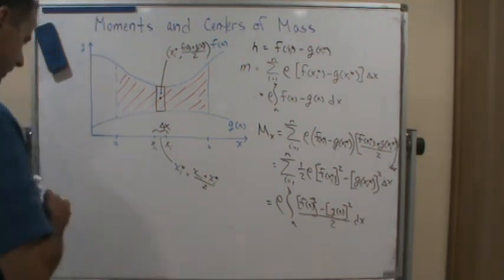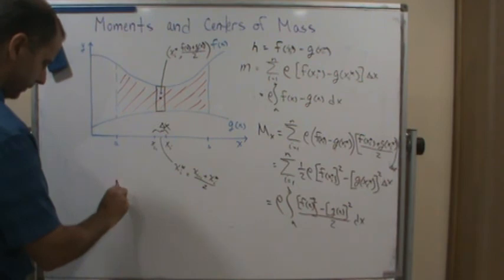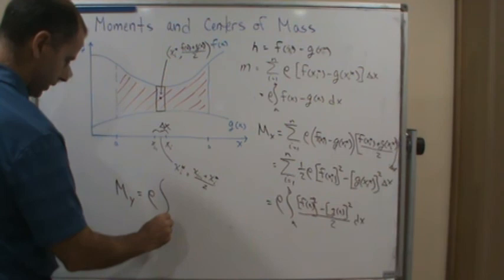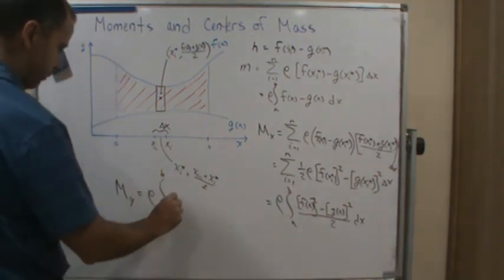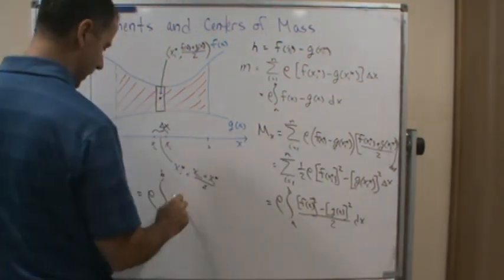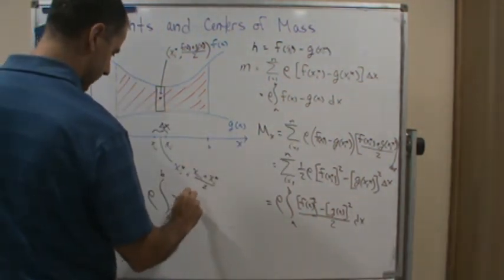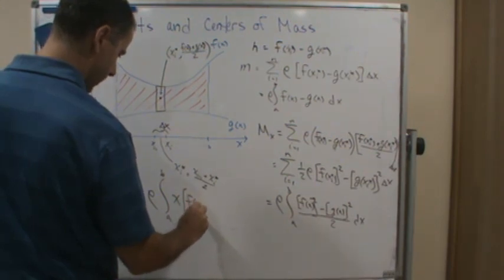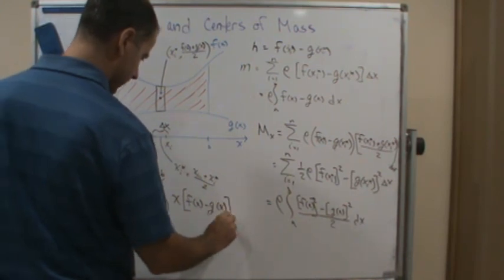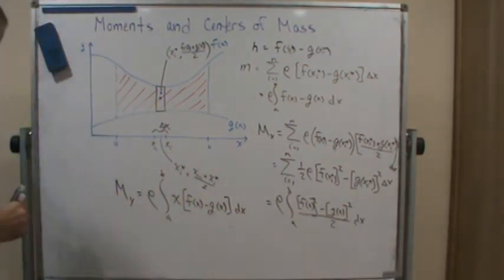So m sub y ends up becoming rho times the integral from a to b of x times f of x minus g of x dx. And that's it. That's how we develop it.